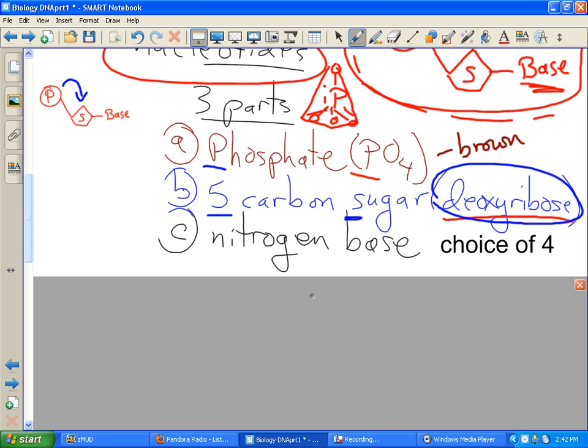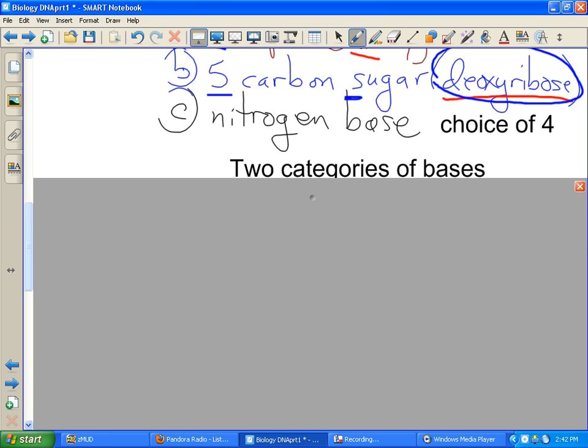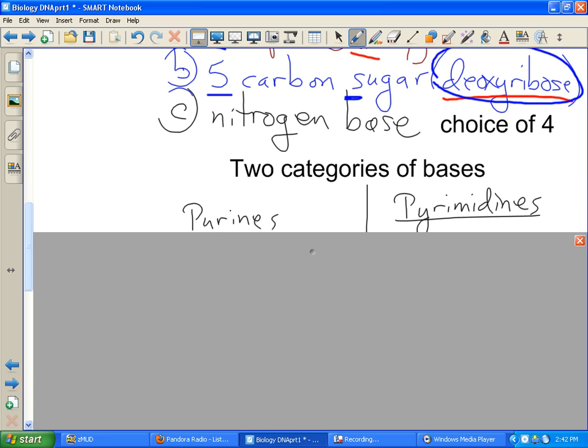Nucleotides all have the same structure, but the base could be any of those 4. All right, what are the 4? These are ones you need to memorize. There's 2 basic categories. If we could group these 4 bases, there'd be 2 in one side, called the purines, and 2 in the pyrimidines.